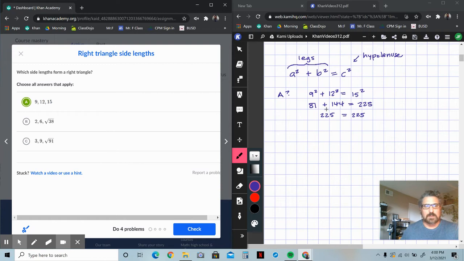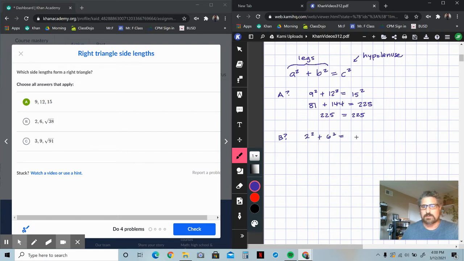For the next one, it's got 2, 6, and the square root of 38. Well, the square root of 38 is somewhere between the square root of 36 and the square root of 49, so somewhere between 6 and 7. So it's bigger than 6, and that would be your hypotenuse. So what you're looking at here is 2 squared plus 6 squared.